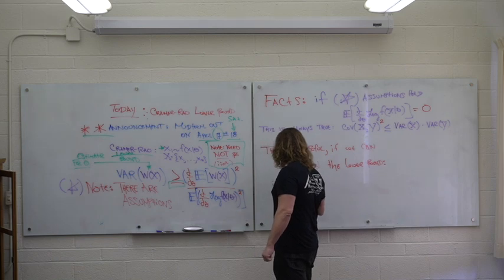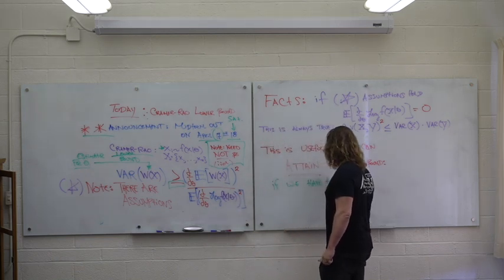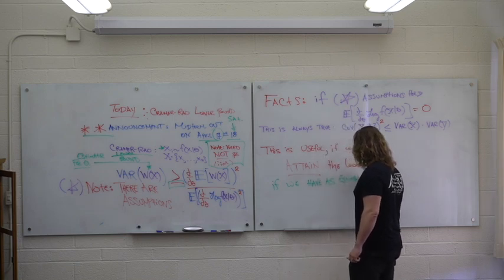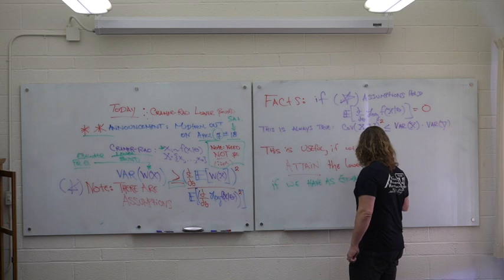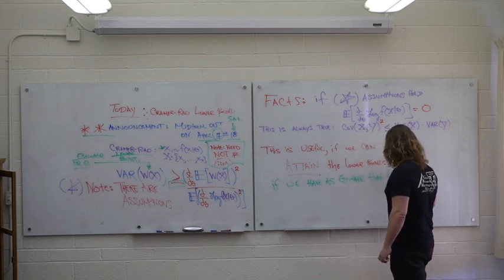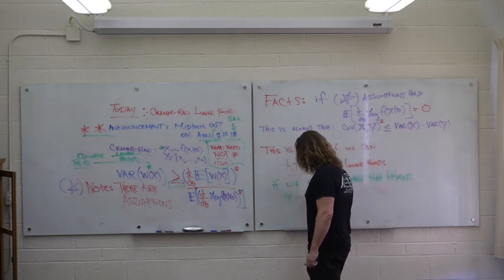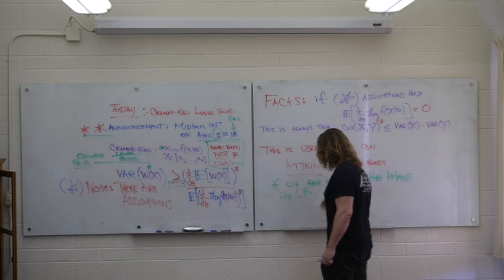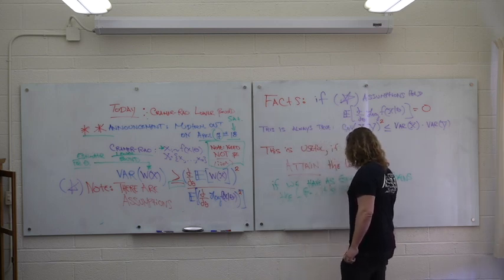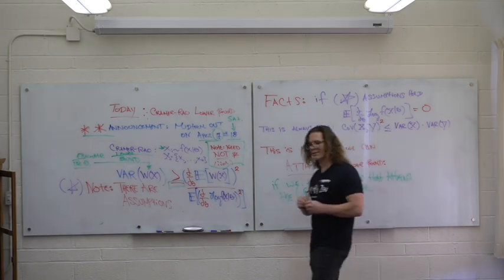If we have an estimator that attains the lower bound, it's best, it's optimal. So it's the best one you can find. So that's kind of a nice thing.